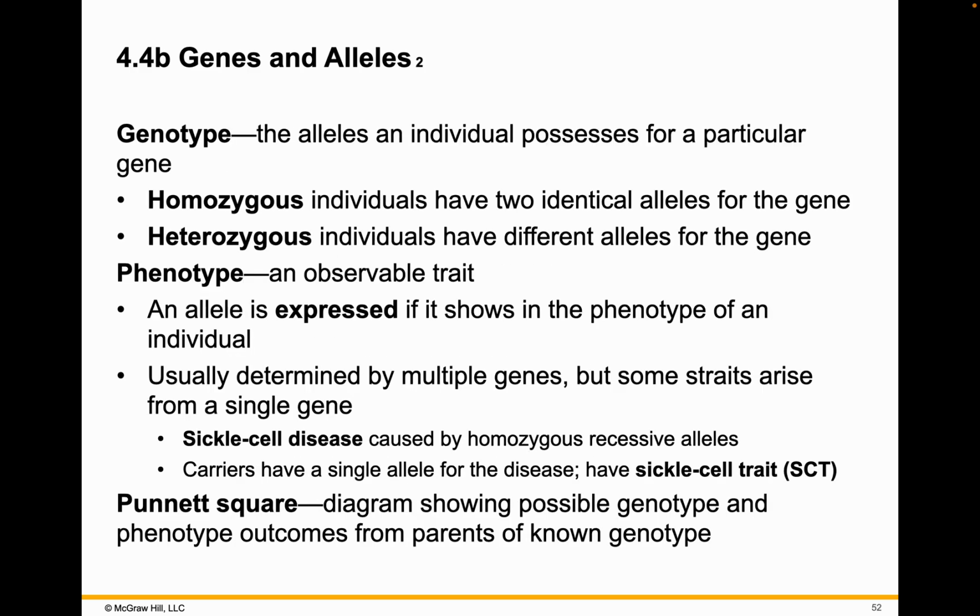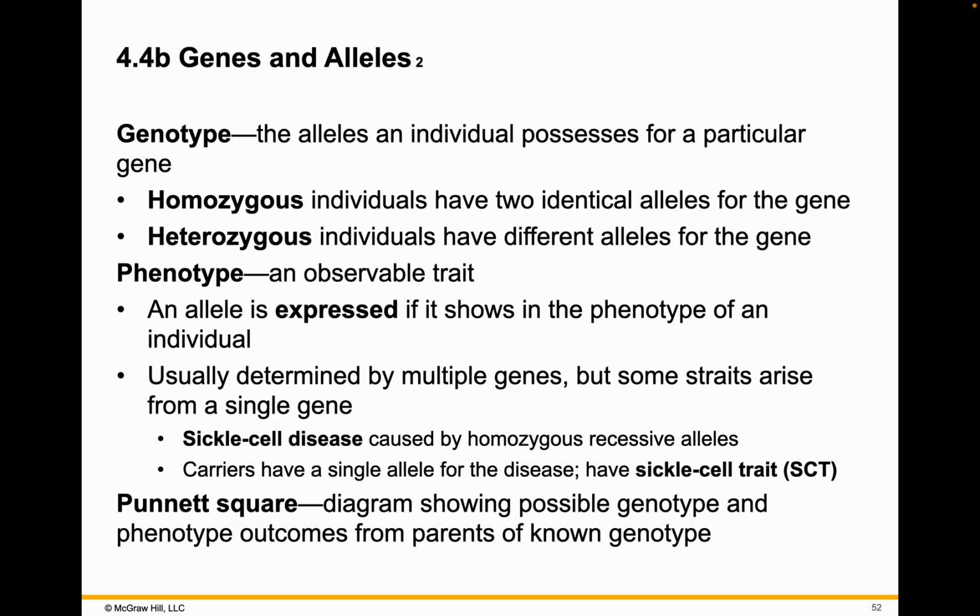Your genotype is the alleles that any individual possesses for a particular gene, and so you can be homozygous, two of the same alleles, or heterozygous, having different alleles. The phenotype is the observable trait. So an allele is expressed if it shows in the phenotype of an individual, usually determined by multiple genes, but there are some traits that arise from single genes.